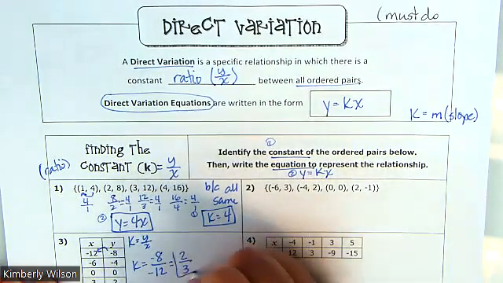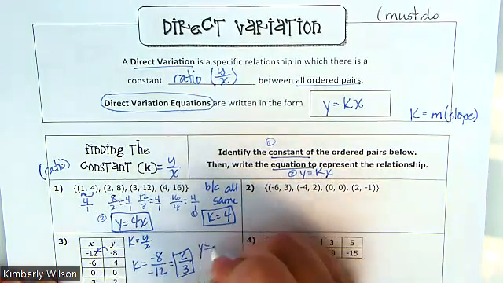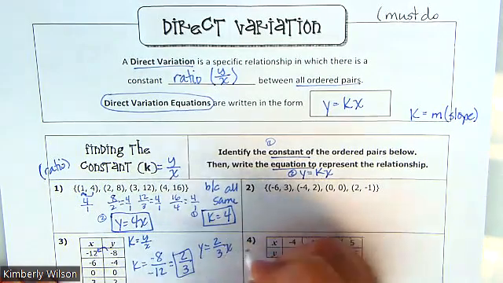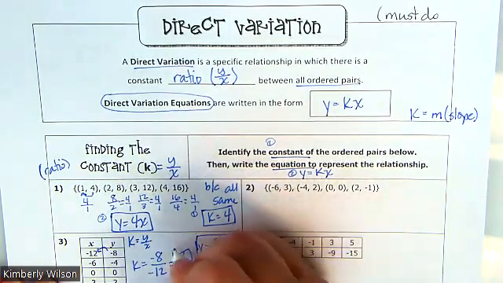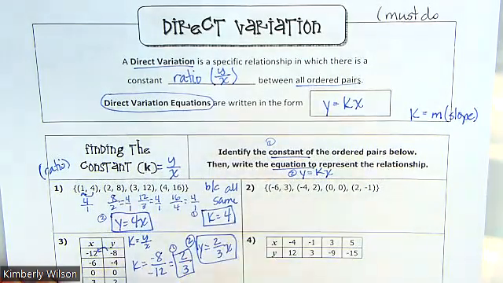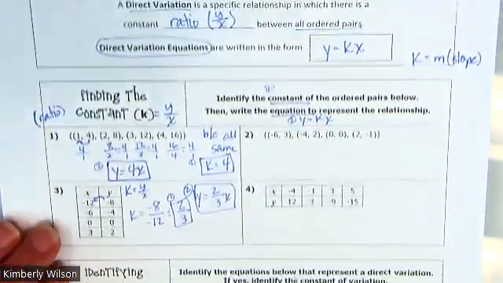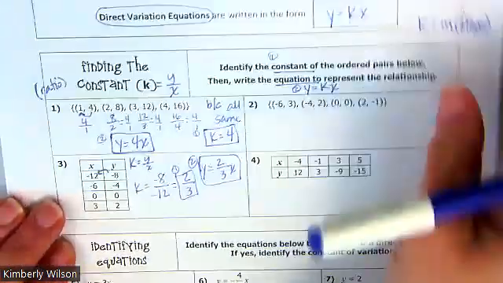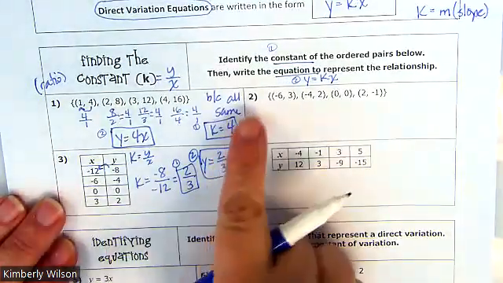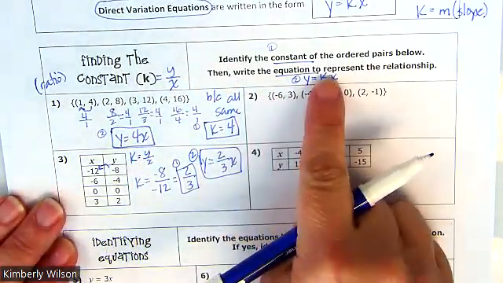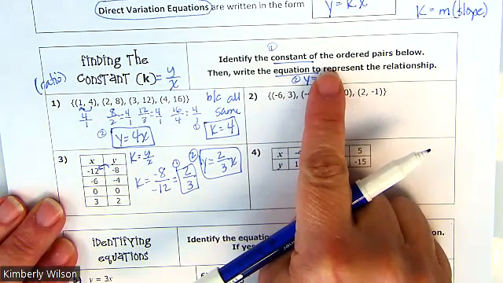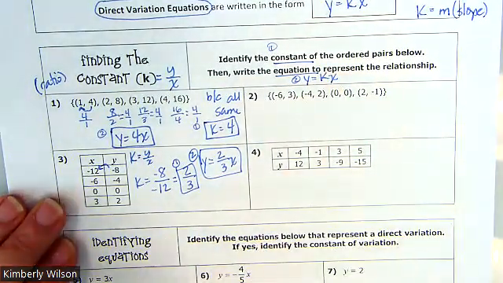So therefore, I have found my k for my equation. It's y equals 2/3 x. Part 1. Part 2. Notice for the table, I didn't do all of the scenarios because it already tells me that this is a direct variation situation. I'm not being asked whether it is or not.